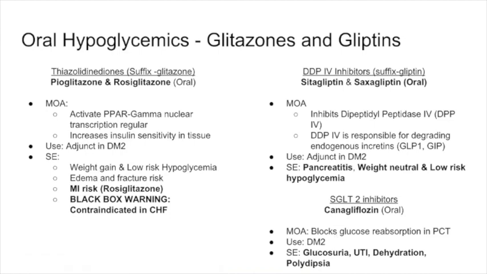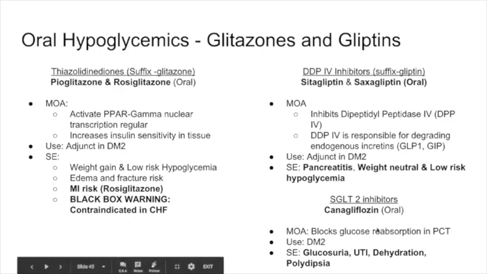It blocks this transporter so that more glucose is spilled in the urine and you're not able to reabsorb it. As you know, we reabsorb nearly 100% of the glucose that we filter through the kidney, but this medication blocks that process. It's used as an adjunct in type 2 diabetes.